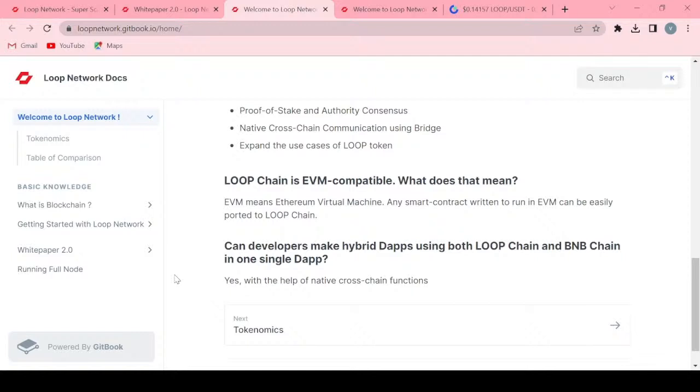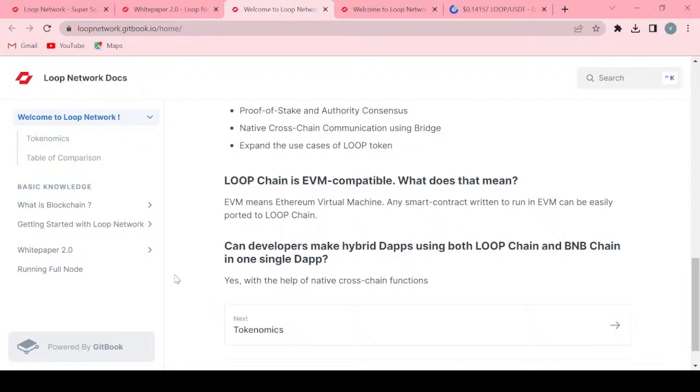Any smart contract written to run on the Ethereum Virtual Machine can be easily ported to loop chain. So can developers make hybrid dApps using both loop chain and BNB chain in a single dApp? Yes, of course, they can do it with the help of native cross-chain functions.